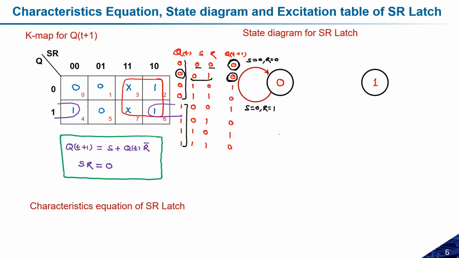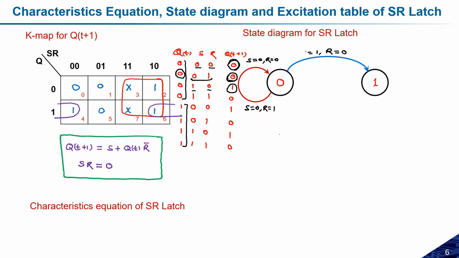Now the third one: if S is equal to 1 and R is equal to 0, Qt+1 switches from 0 to 1.